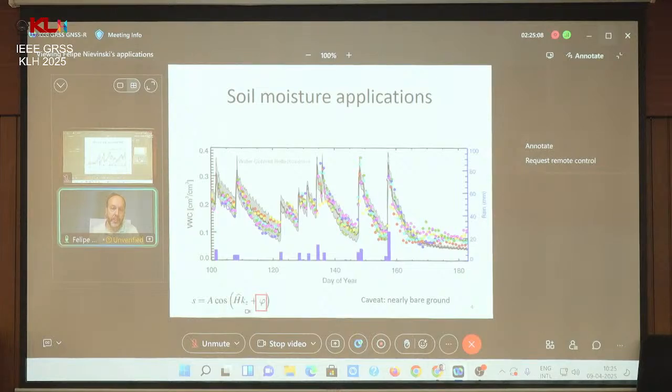You see clearly when there is a precipitation event, you get these discontinuities, and then there is an exponential decay because the soil is drying up. So as long as the reflective target is easy, like soil with little vegetation, then you can do soil moisture sensing with GNSS-R.